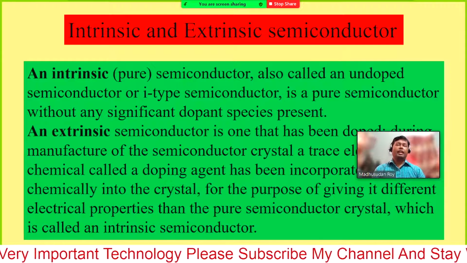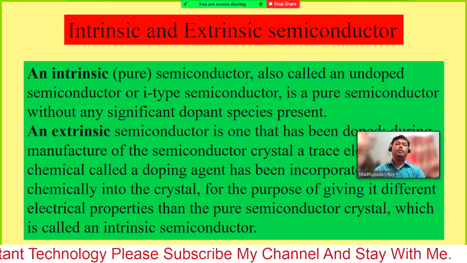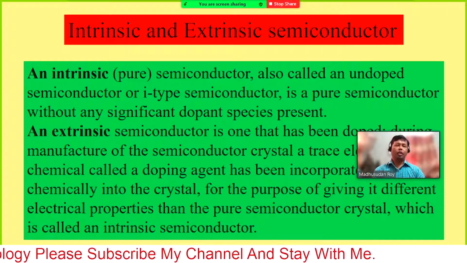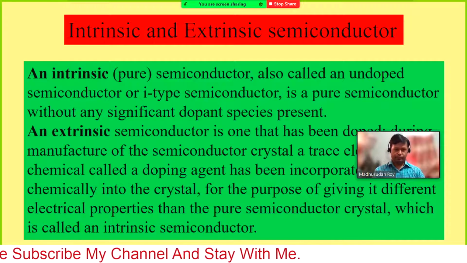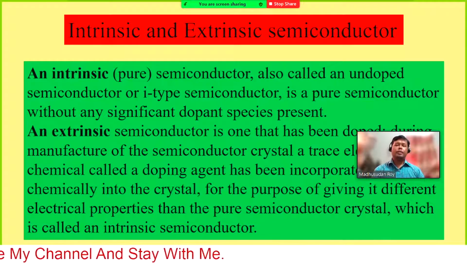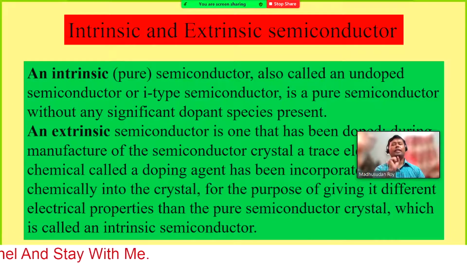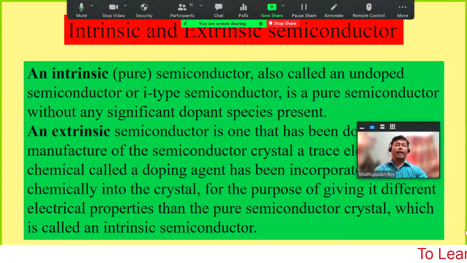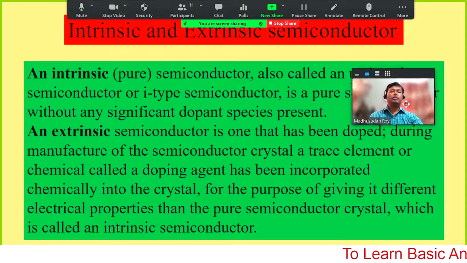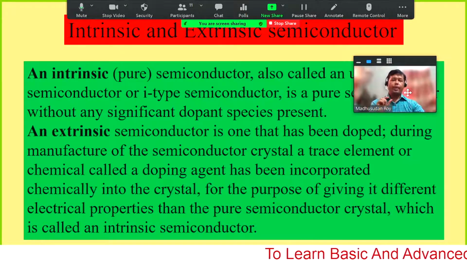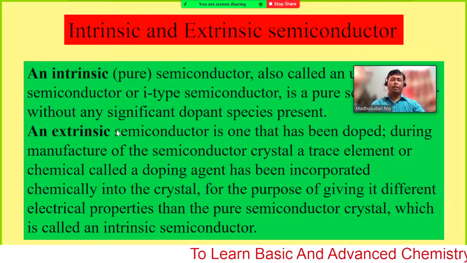Actually the intrinsic semiconductor is not good at all for conducting electricity. So intrinsic semiconductor has very little use, so that is not very important. But if you can add certain elements in a controlled way, that will be very helpful.